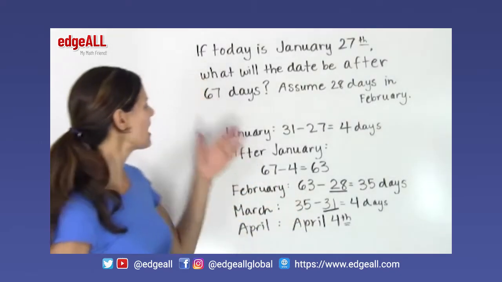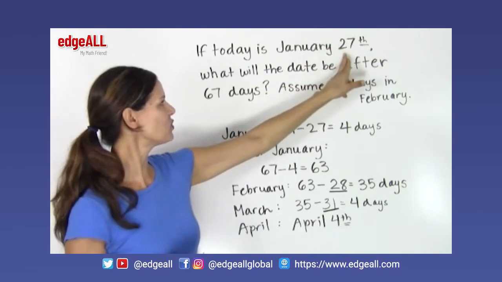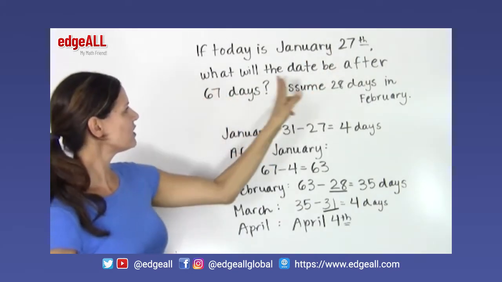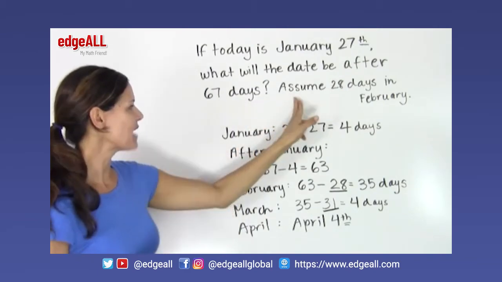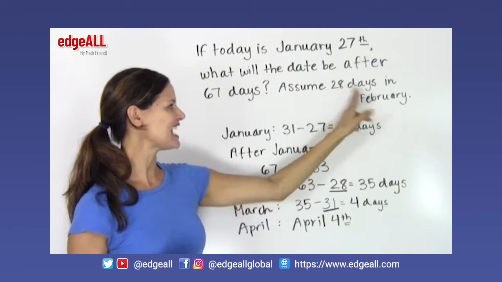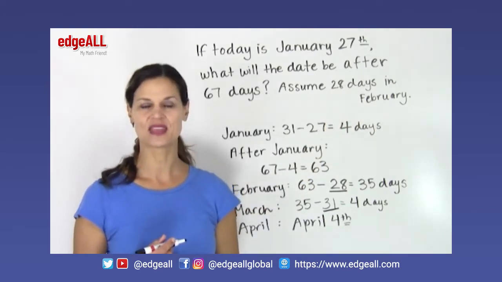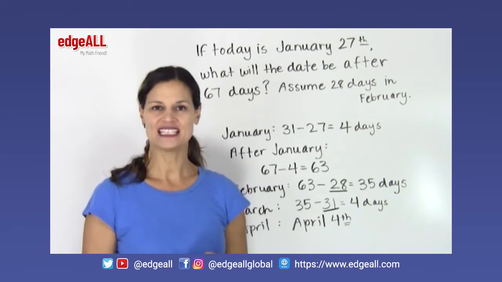Our next example says, if today is January 27th, what will the date be after 67 days? And we need to assume that in this particular year, there are 28 days in February. We know that January has 31 days.